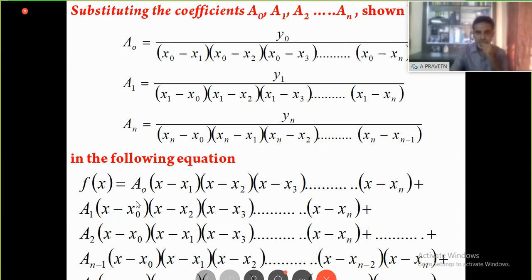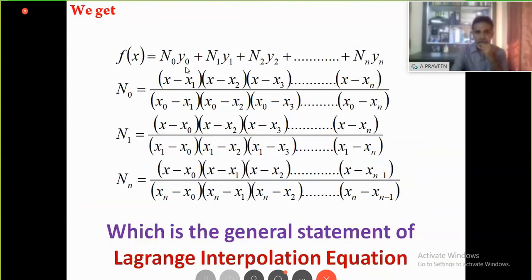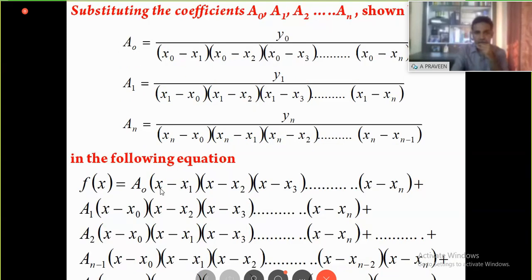Y naught divided by the entire term is here, and your function here already has these terms. So A naught will be Y naught divided by x minus x1 and the related terms. These long terms in the numerator and denominator I am representing as N naught.